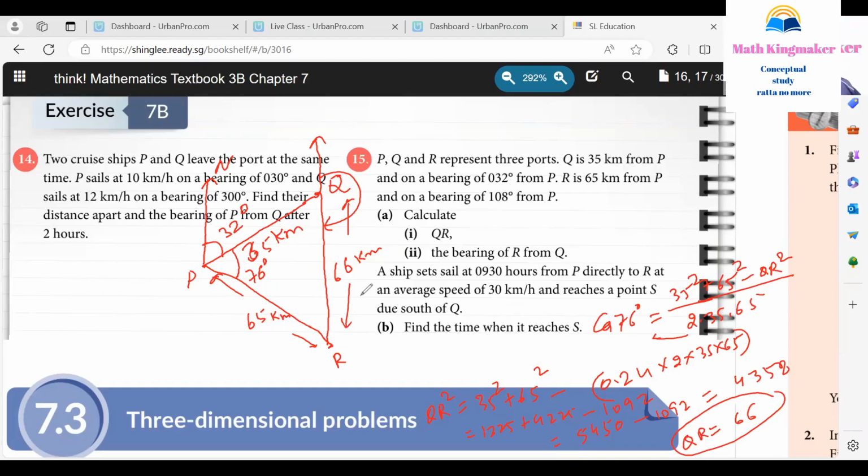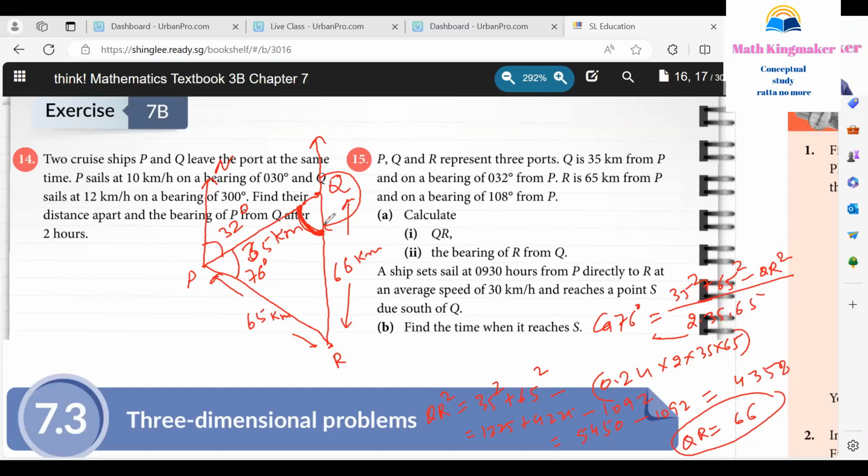Now we have to calculate this angle. We first have to calculate this angle, and if we have this angle, then we can subtract. So is that 32?